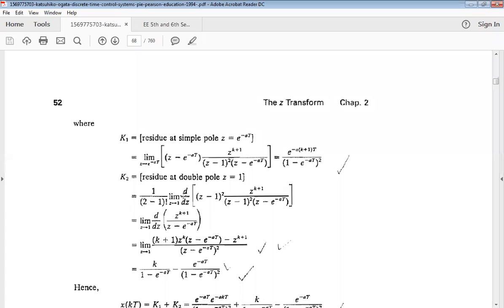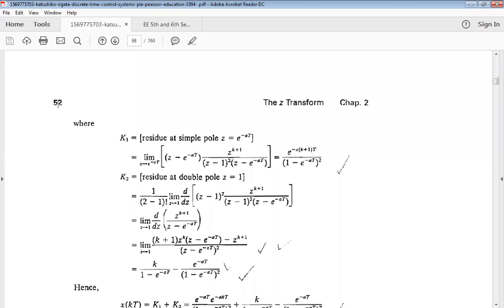Limit z tends to 1, derivative of (z-1)^2 into z^(k+1) divided by (z-1)^2 into (z - e^(-aT)).